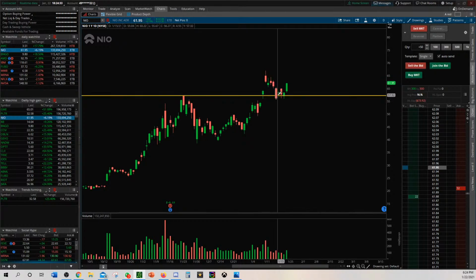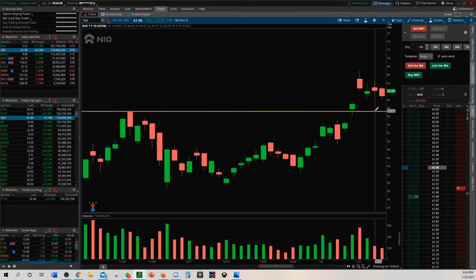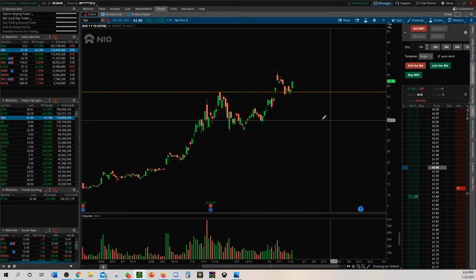So at this time, when the stock is already doing this up, I want a text to come to me when the stock comes back down to support so I can buy it. I don't want to watch it all the time. So what you can do is, wherever you want the alert to come in, let's say the stock is trading right now at $65, and you want Thinkorswim to tell you, hey, whenever the stock comes down to 56, which is the buy area, that's where you want to get a text.